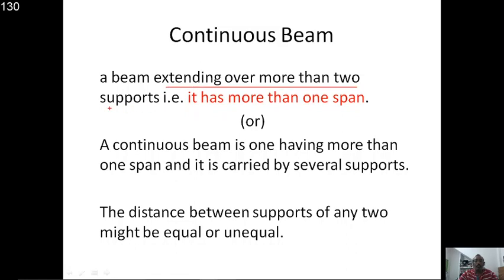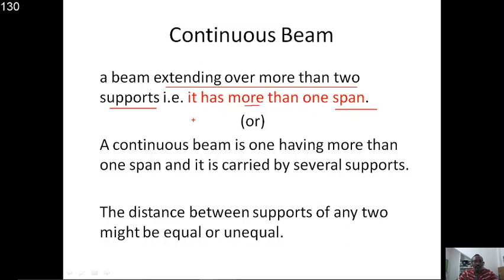That means more spans are there. So that is important. A simply supported beam has only one span, a cantilever beam also has only one span, a fixed beam also only one span, but now the continuous beam has more spans.